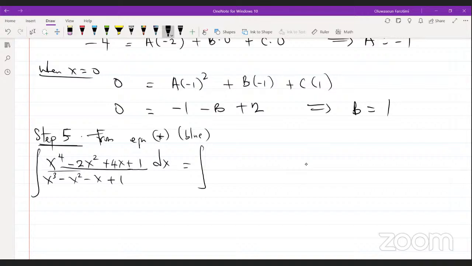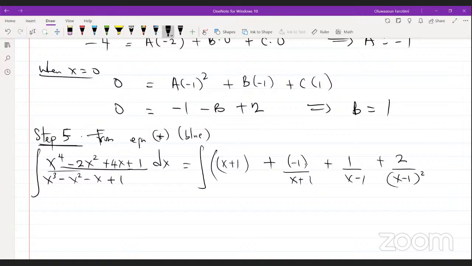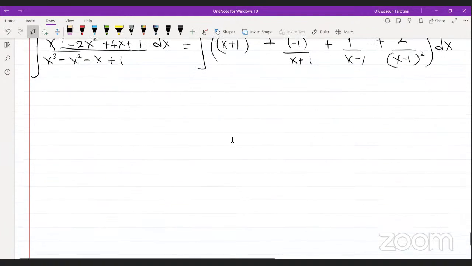In the blue box we had x plus 1, and then a is -1, so I have negative 1 over x plus 1, plus b, which is 1, over x minus 1, plus c, which is 2, over (x - 1) squared. Amazing. So now it's a very easy fraction and you can just integrate.